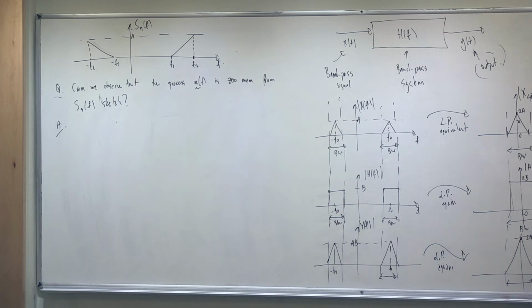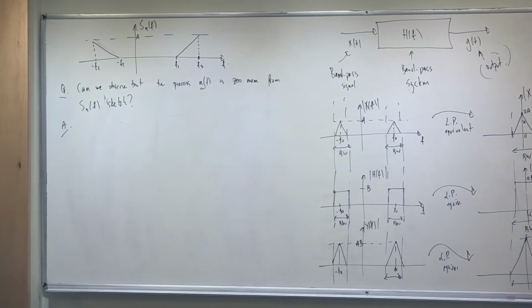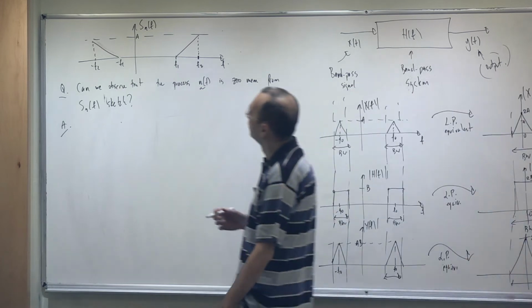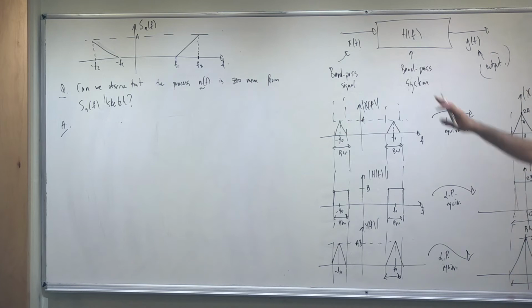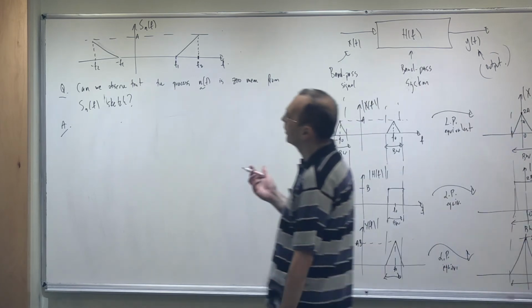Well, it says zero mean. This is just something extra. We are thinking, can we observe it? Do I need this information if I have this sketch like that? So how can I observe this?